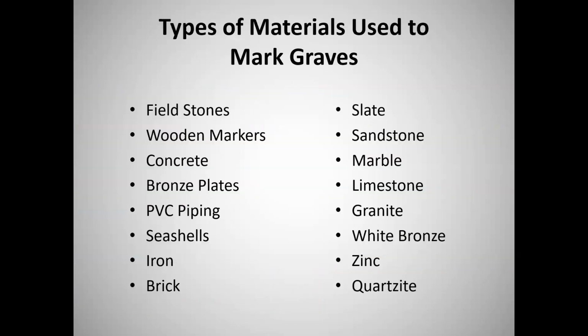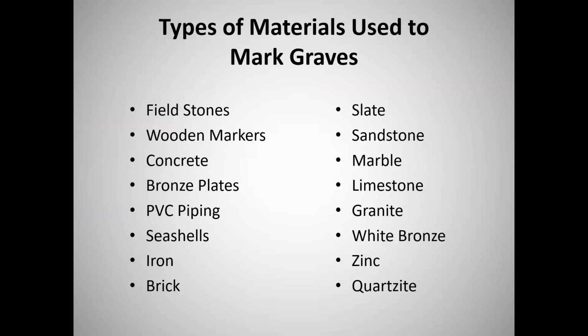We'll go over a few different types of materials used to mark graves. Depending on the part of the country or the country you live in, graves are going to vary in the materials they're made out of. Here in the United States, the more common things are field stones, wooden markers, concrete, bronze plates.